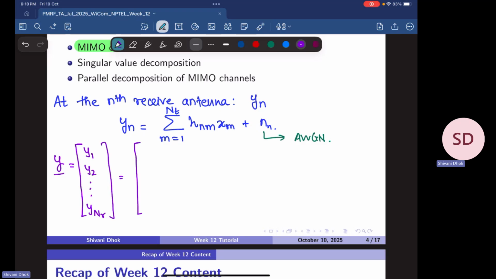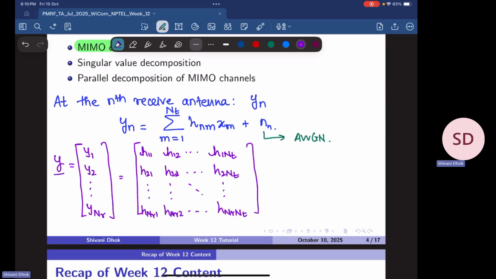This is given by the matrix with rows H11, H12 and so on till H1NT, then H21, H22 and so on till H2NT, and for the last antenna, the NRth antenna, it will be H_NR1, H_NR2 and so on till H_NR,NT, multiplied by all the signals transmitted from different antennas, X1, X2 and so on till XNT, plus you will have N1, N2 and so on till N_NR.